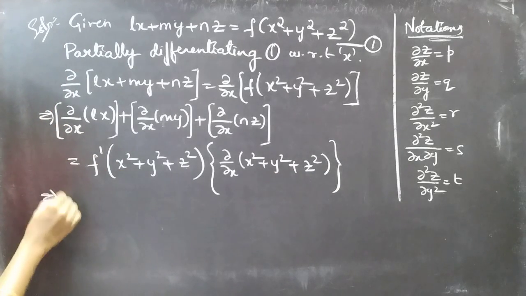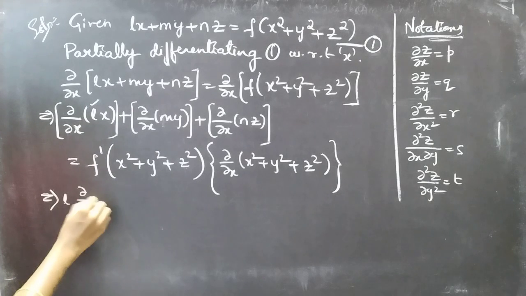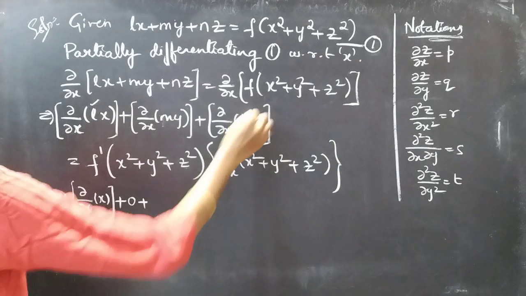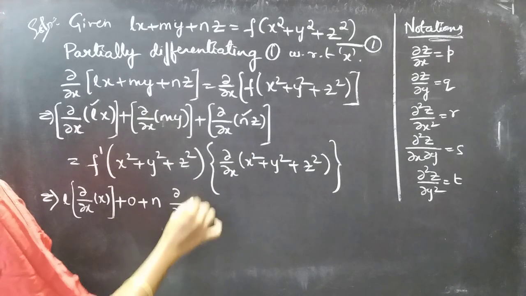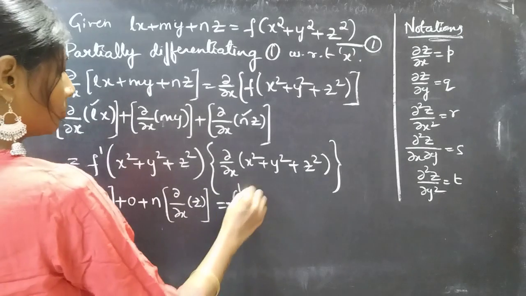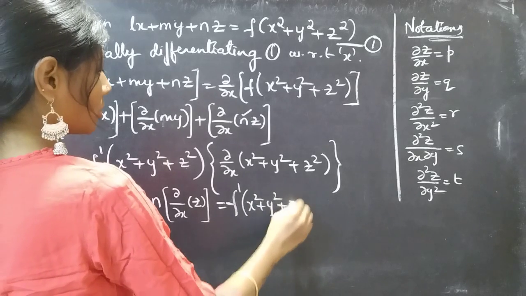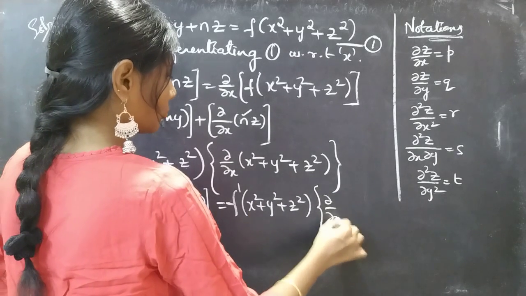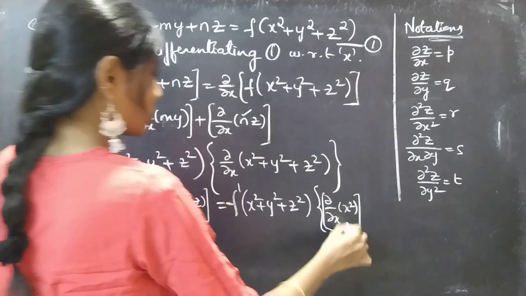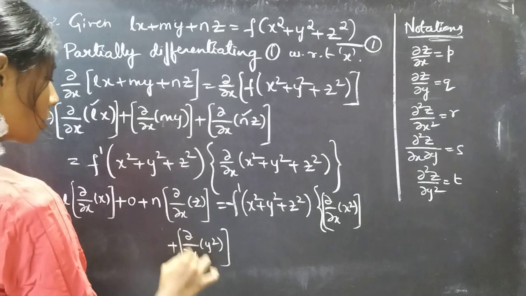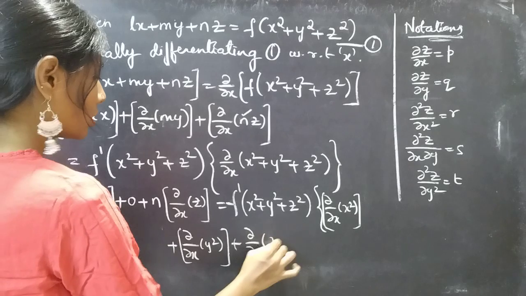Which gives us, here l is constant, we can write it as l into dou by dou x of x, plus partial derivative of a constant with respect to x is 0, plus here we will write n as constant, n into dou by dou x of z, equal to f dash of x square plus y square plus z square into partial derivative of x square with respect to x plus partial derivative of y square plus partial derivative of z square.